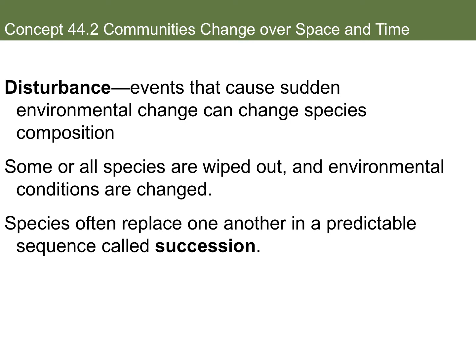Sometimes the environmental conditions are changed completely. But whenever we look at disturbances, we can predict how the community will bounce back. And that structured way that the community comes back is very predictable and is called succession.